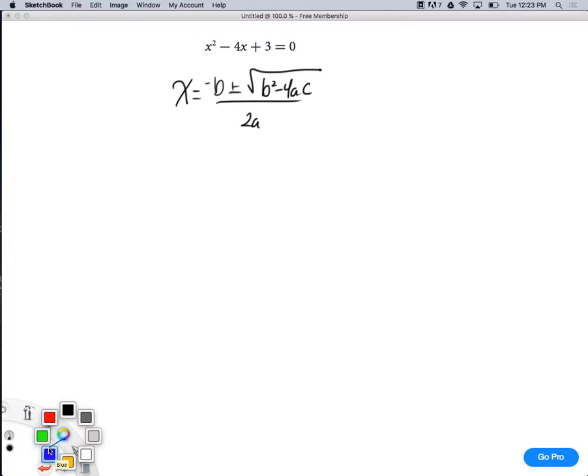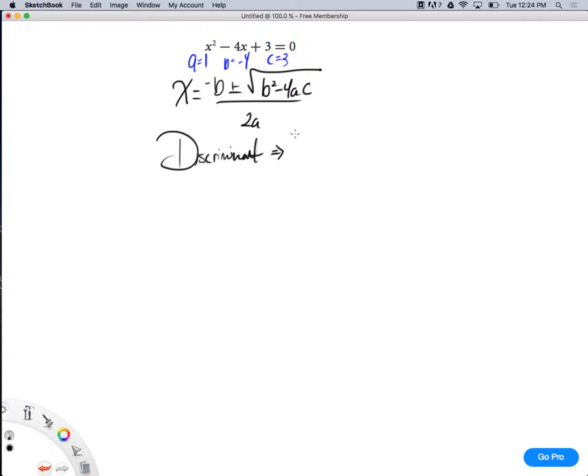Well, in this case, we know a is equal to 1, b is equal to negative 4, and c is equal to 3. And thus, our discriminant, we remember, is b squared minus 4ac.